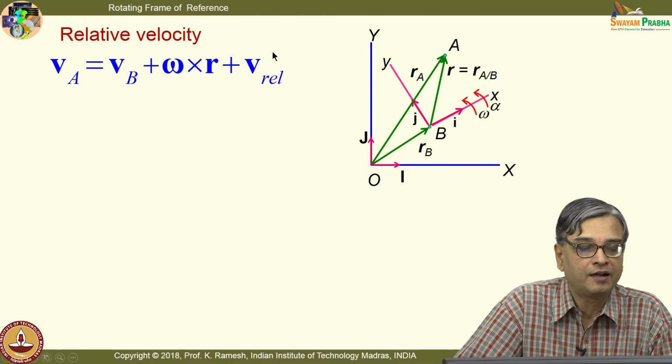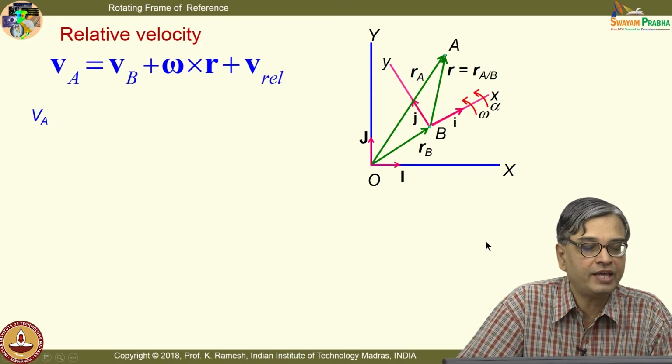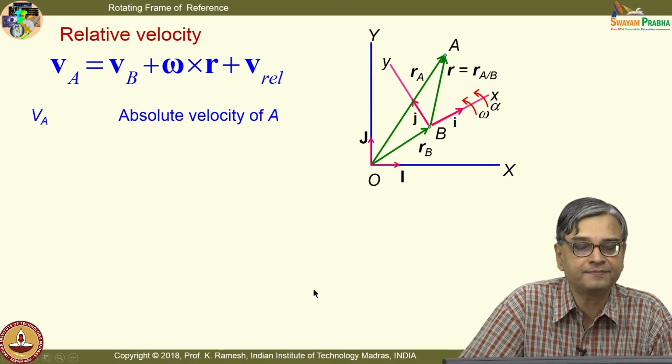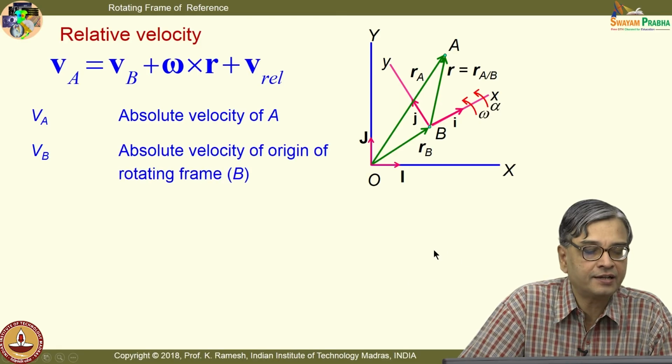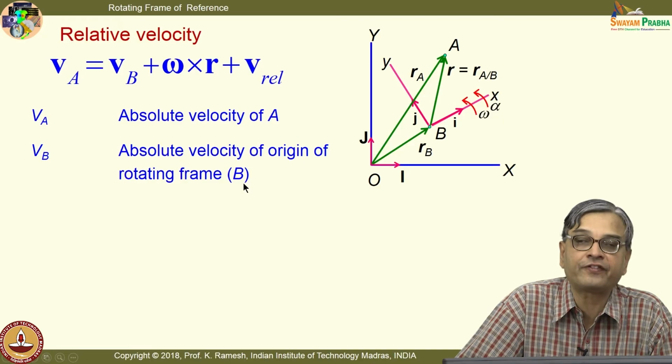And before we go into that, we would also label this in a convenient fashion. Please write down step by step. I am going to label them. VA is the absolute velocity of A, and VB is the absolute velocity of origin of rotating frame.